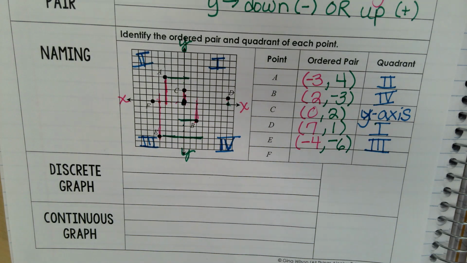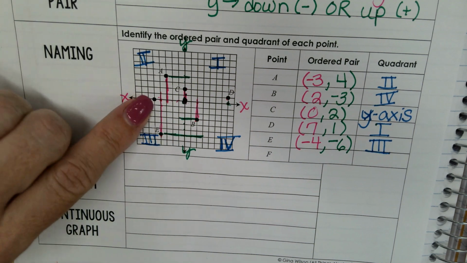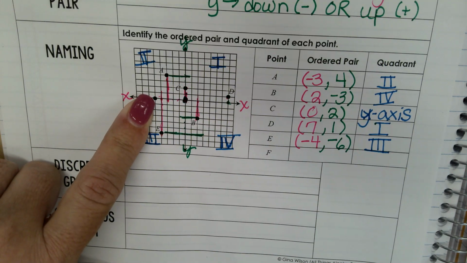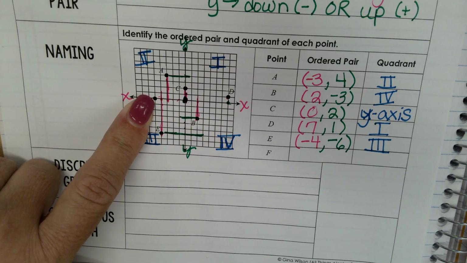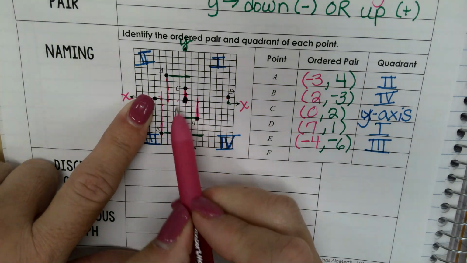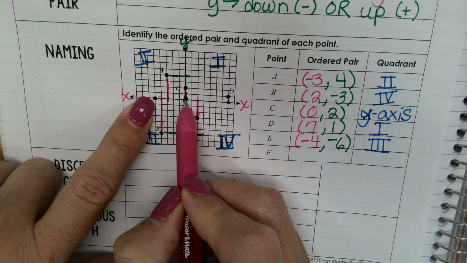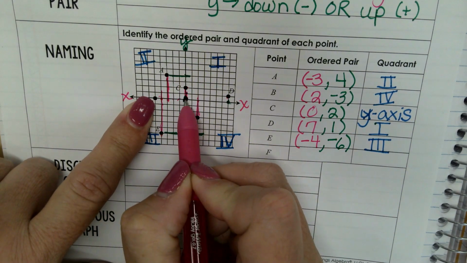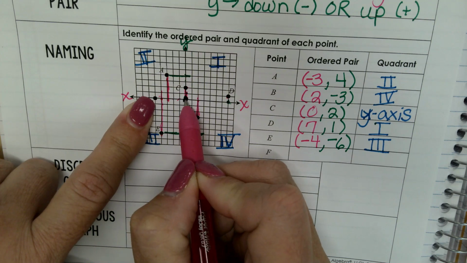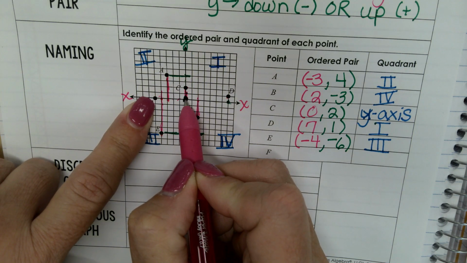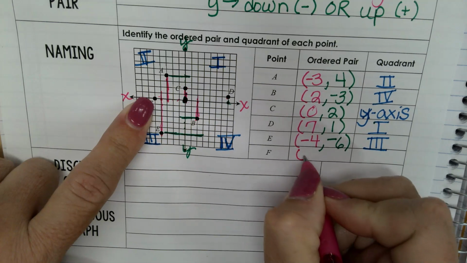All right, now let's do ordered pair F. So everyone find F. It's right there. Okay, and if I start at 0 and drive my car to point F, how far do I have to go? Well, first, which direction am I going? Left. So I know it's going to be negative.